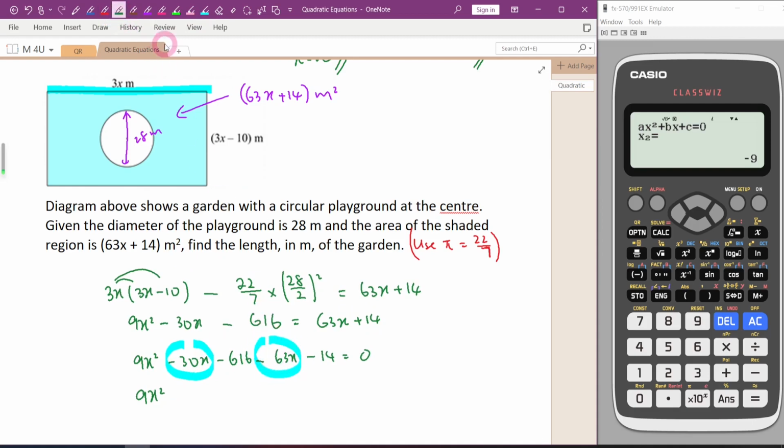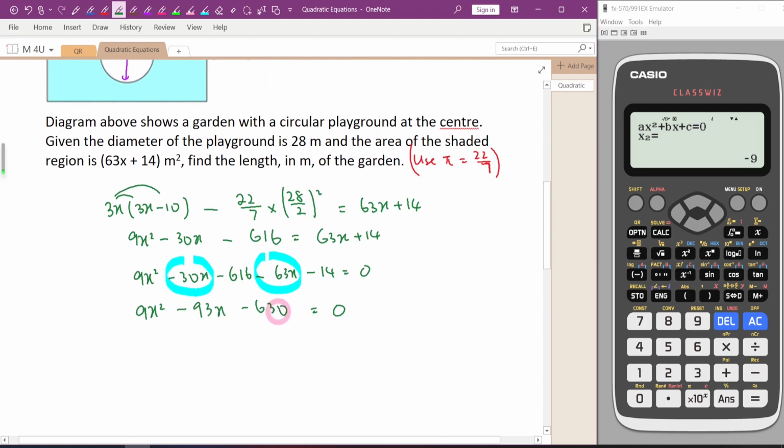Negative 30x minus 63x, we will be getting minus 93x. Negative 616 minus 14, is equal to negative 630.